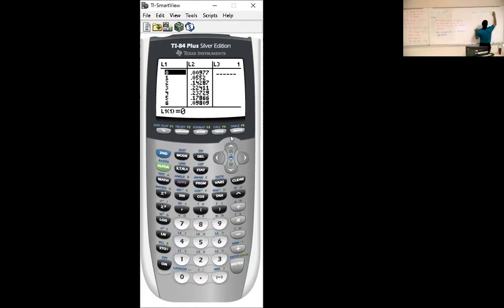One has a probability that is less than 0.1787. Two has a probability that is less than 0.1787. 3 isn't, 4 isn't, 5 isn't, 6 is.